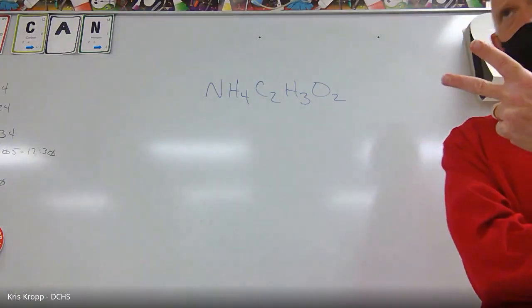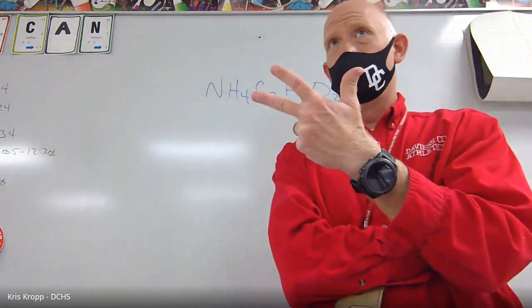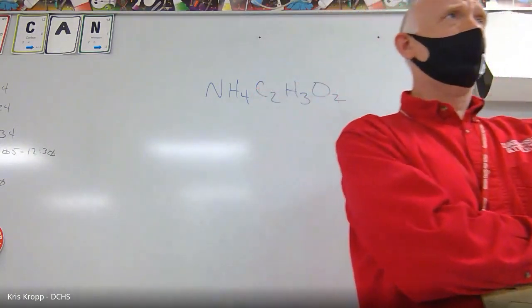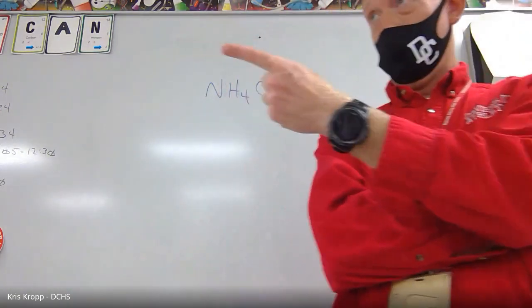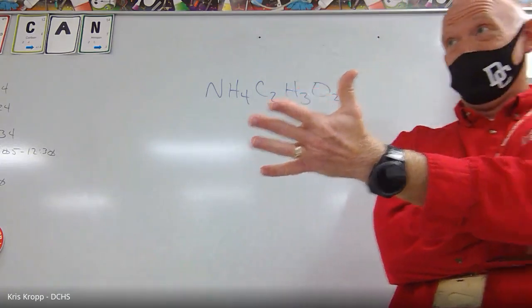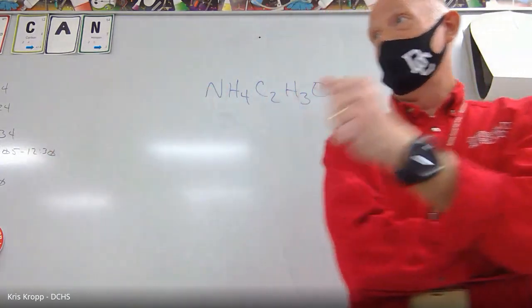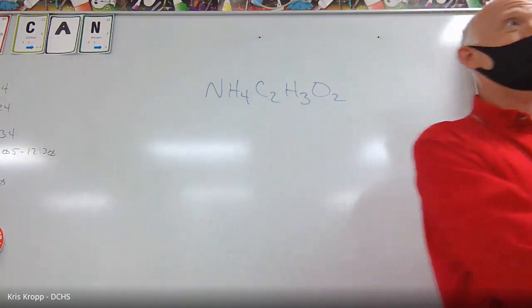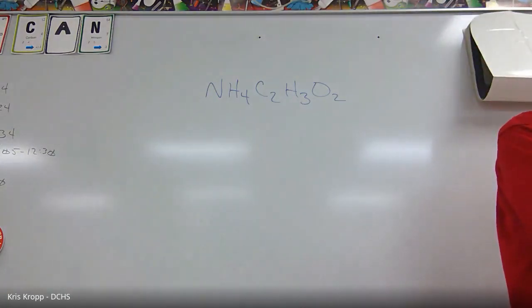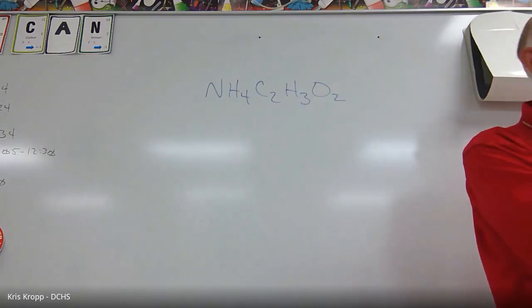You guys are making me nervous. What are the 3 kinds of elements? Yeah, there you go. Thank you. Good. Metals, nonmetals, and metalloids. So the cations, until today, have always been which one of those 3? Metals. Right on. Very good.